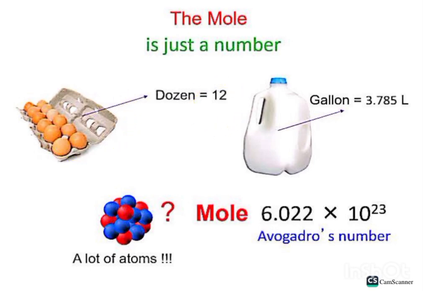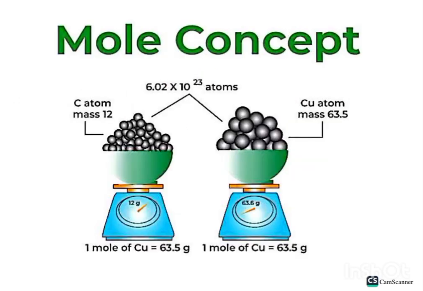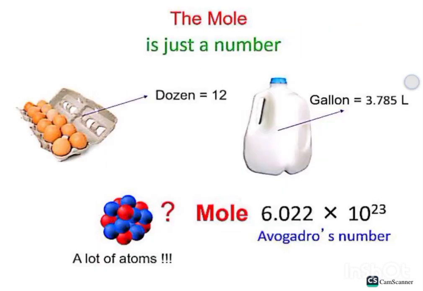Whatever the thing is, a dozen means the number 12 in count, while a gallon is always equal to 3.785 liters. In the same way, Avogadro's number or the mole is always a constant value, which is 6.022 into 10 raised to power 23. So it is a constant value, like the number 12 in the case of a dozen.